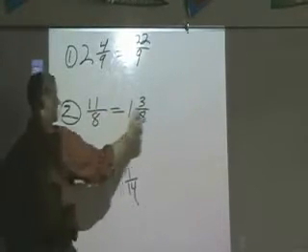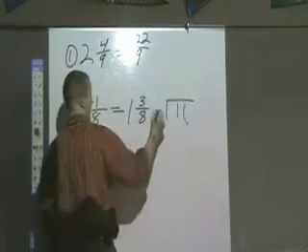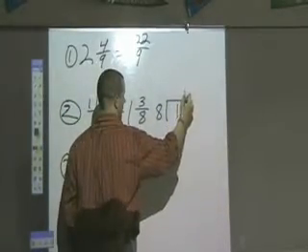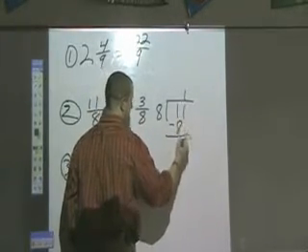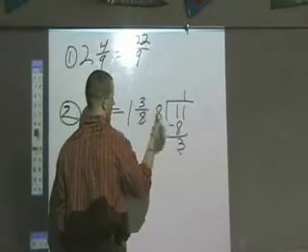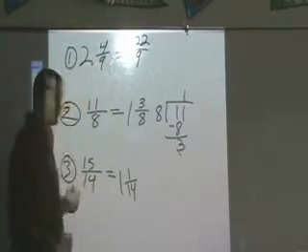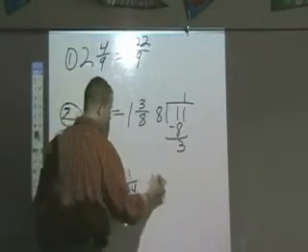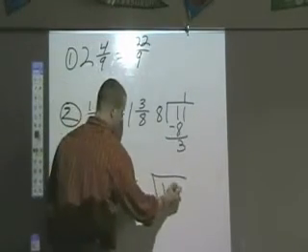11 goes in my dividend. 8 goes in my divisor. 8 can go into 11 once. 11 take away 8 is 3. My whole number, my numerator, and my denominator stay the same. Let's take 15 over 14 and make it into a mixed number. Cowboy rides the horse. Cowboy goes inside.